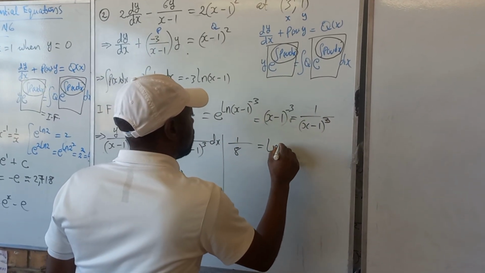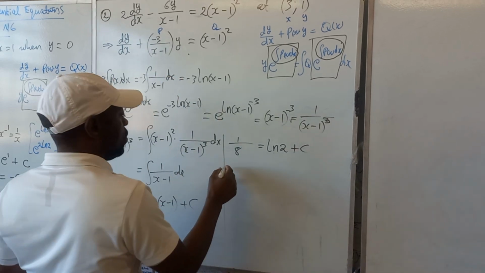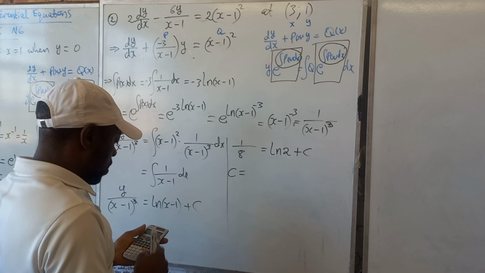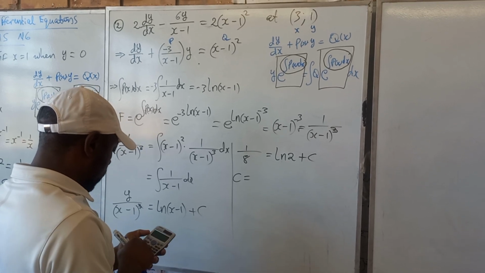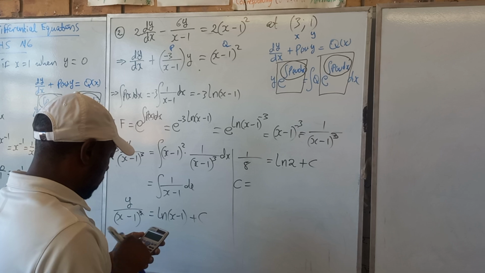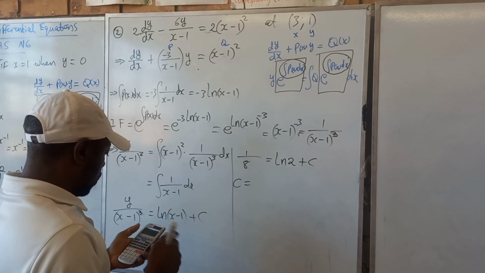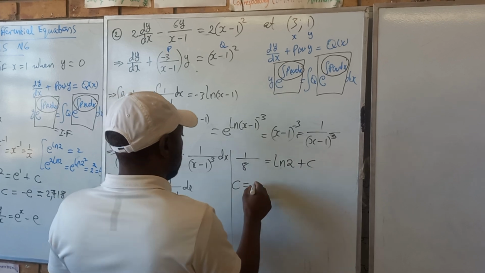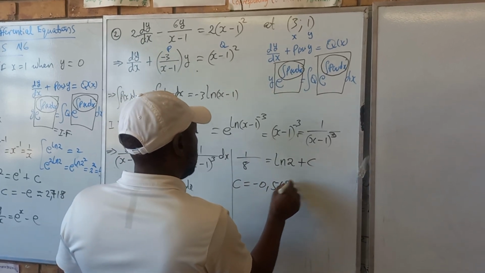So that's the ln of 2 plus c. To get c, we simply use our calculator to check what is 1 over 8 minus ln 2. It tells us we have negative 0.568.